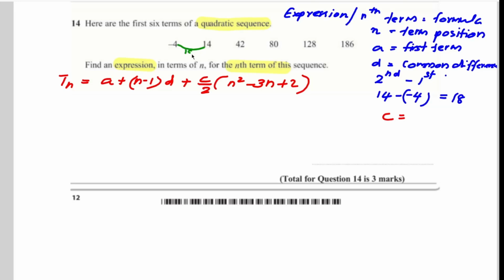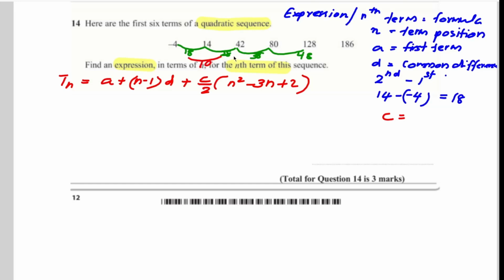This is 18, this is 28, this is 38, this is 48.